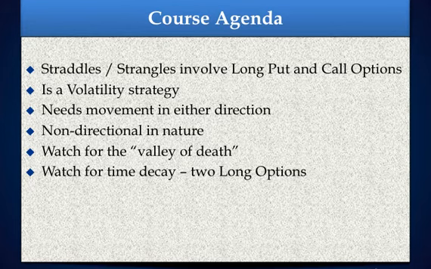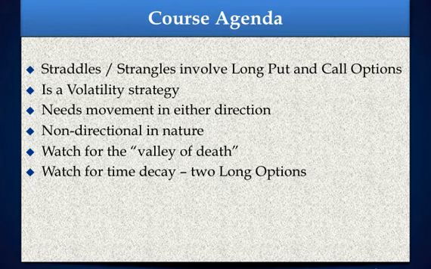And we'll see that both these strategies have something called the valley of death. If your position starts falling into the valley of death as time goes along, then it becomes difficult for the strategy to make money. But that happens over a period of time. So we have to watch for time decay, because these are both long options.